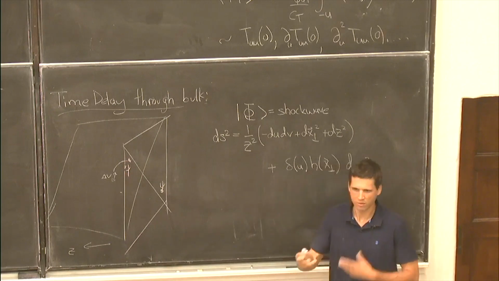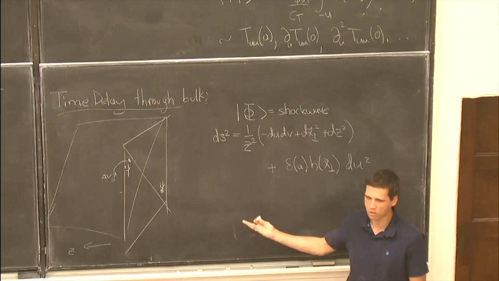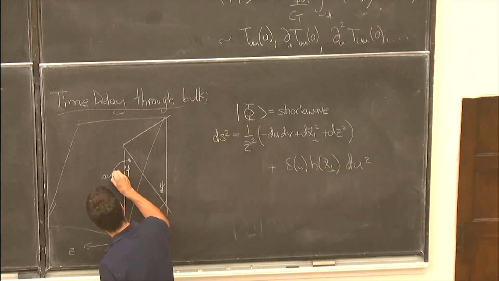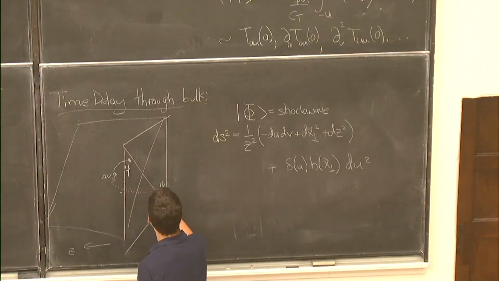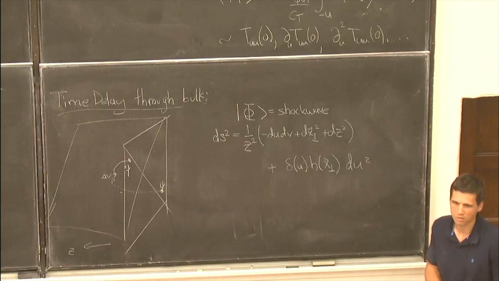So there's some delta function that you have to integrate across the shock wave, and if you solve the geodesic equation, you find that it jumps by an amount delta v, and then it comes out the other side and connects to the other psi insertion.